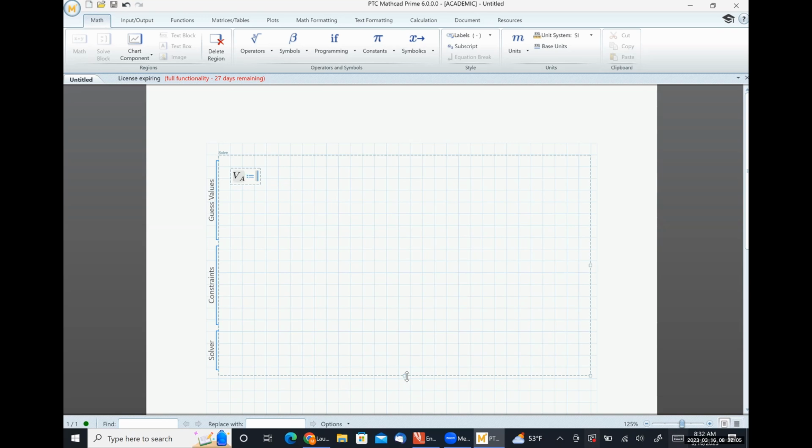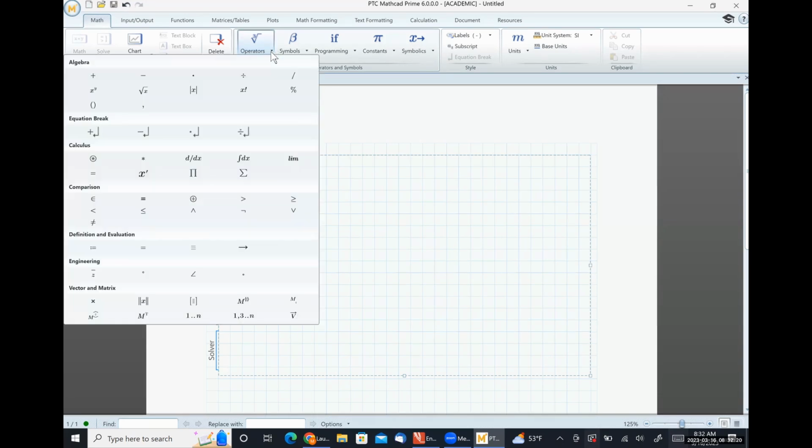So because we're dealing with complex numbers, I'm going to open a parentheses here, and I'm going to say 1 angle 0 degrees. Let me get this out of the way so that we can see things here. So if we look in this operator section, and we go down to engineering, there is an angle operator, but we can also see that there is a keyboard shortcut of Control-Shift-P.